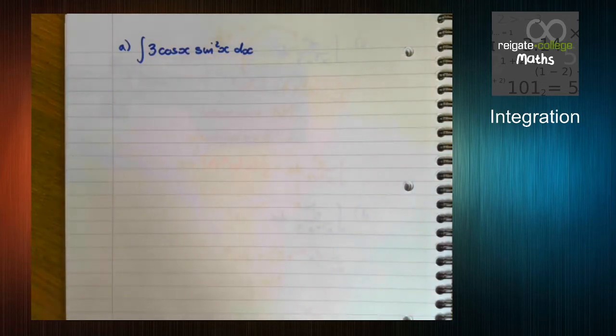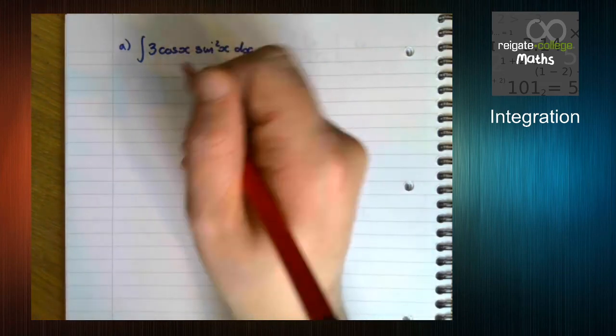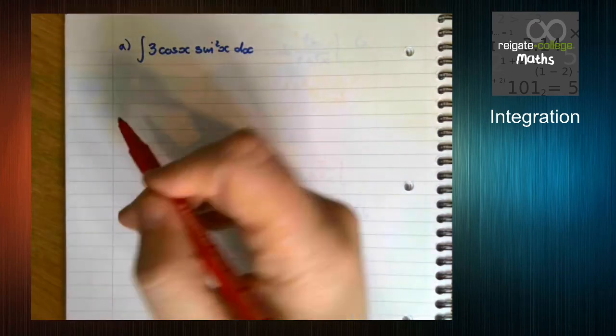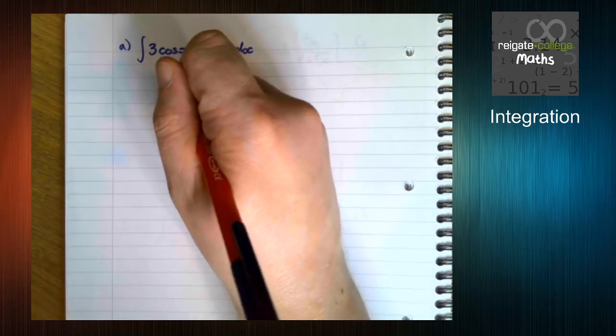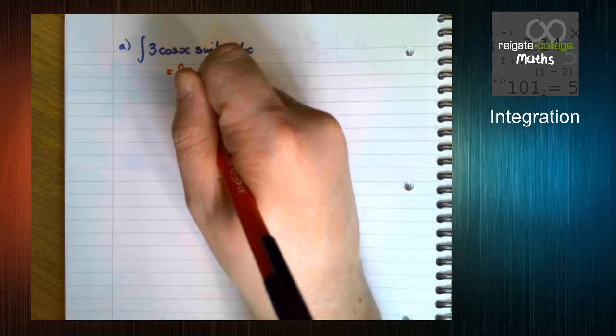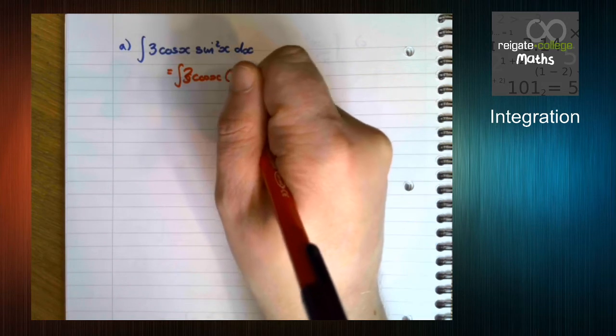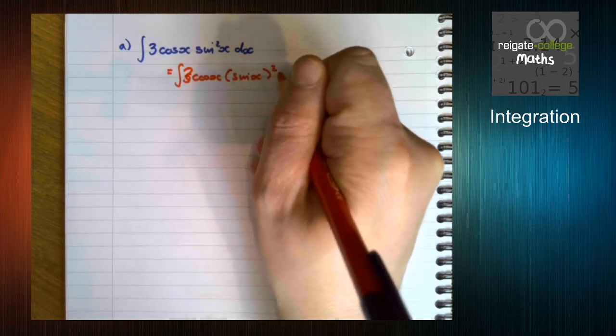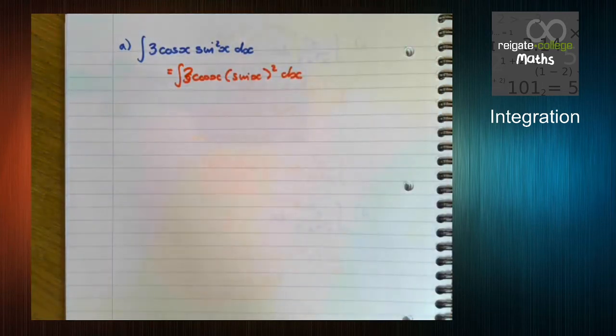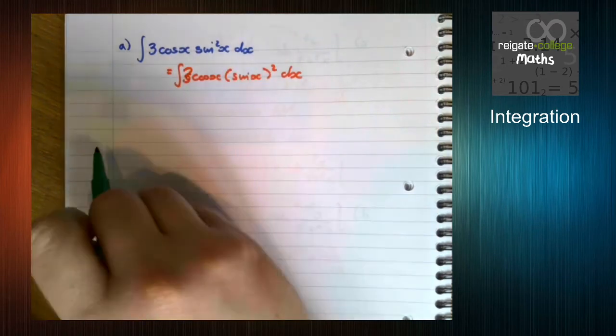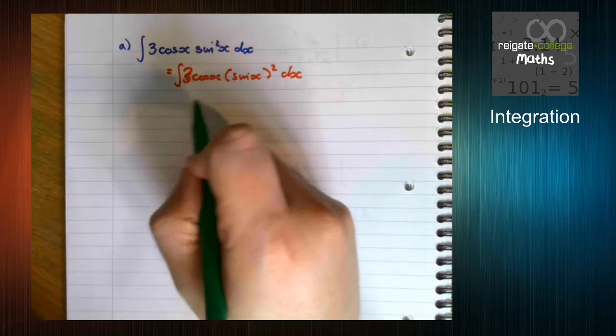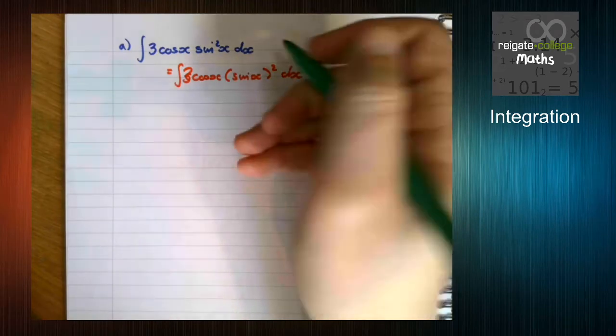So we've got 3 cos x sine squared x, and we're integrating that with respect to x. So let's write this more helpfully just so we can see what's going on. 3 cos x, sine x squared. So we can now see we have a bracket with a power, and we're timesing it by a function. So let's have a look.